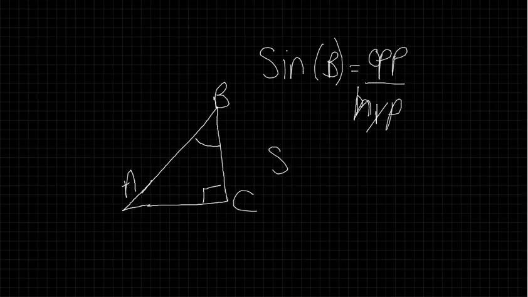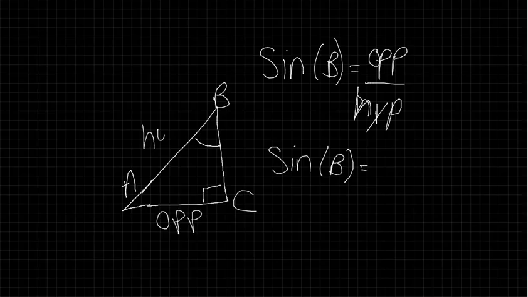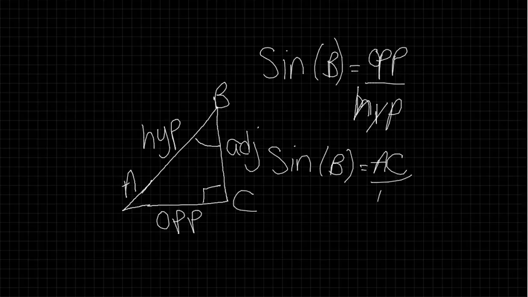In this case, the opposite is AC. The hypotenuse is always going to be the longest segment, which is across from our 90-degree angle, and BC would be our adjacent. So for sine of B, we would have segment AC over AB.